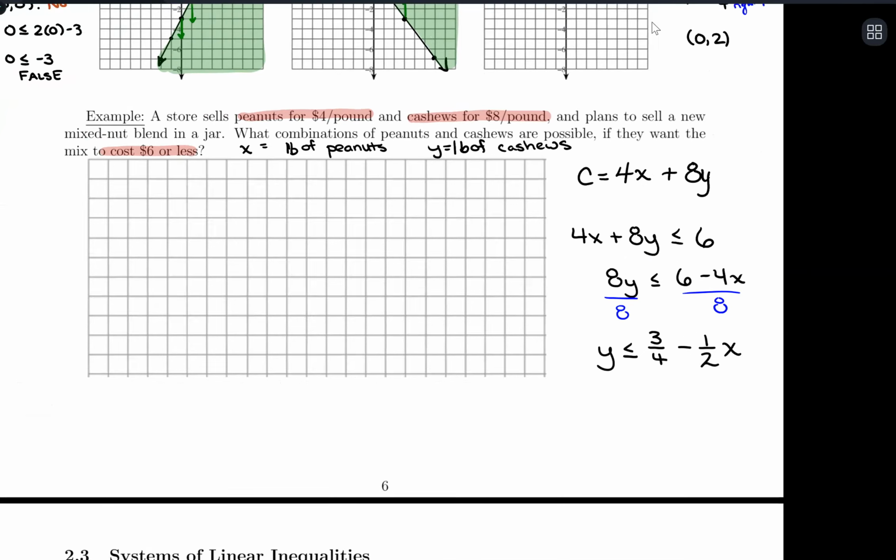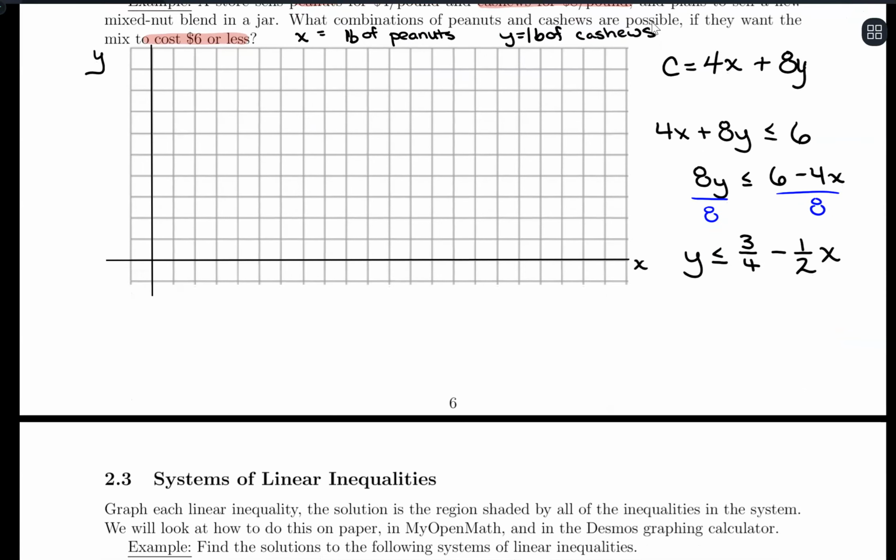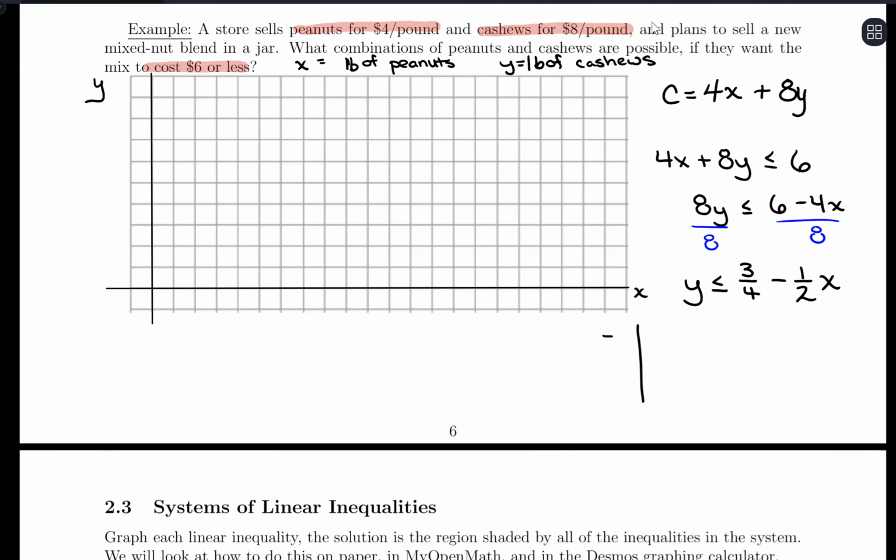Okay, so graphing this. I'm thinking about how I want to set up my axes here. I'm going to set up my x and y axes. Since I want to graph at 3/4, I'm going to do the intercept method here, just to get an idea of 2 points to graph. I'll look at what happens when x is 0 and what happens when y is 0.